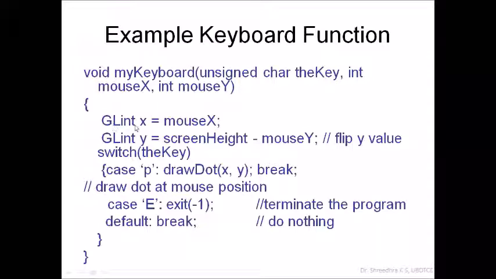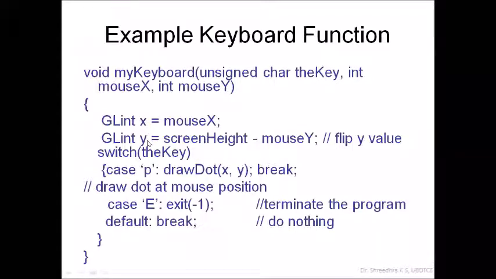Now we are using GLint; that's why I changed the data type. You have to make use of these data types. Now don't use your regular data types, int, float. It takes care of handling the data types clearly. mouseX is a variable of type GLint, so that is assigned to the X variable.